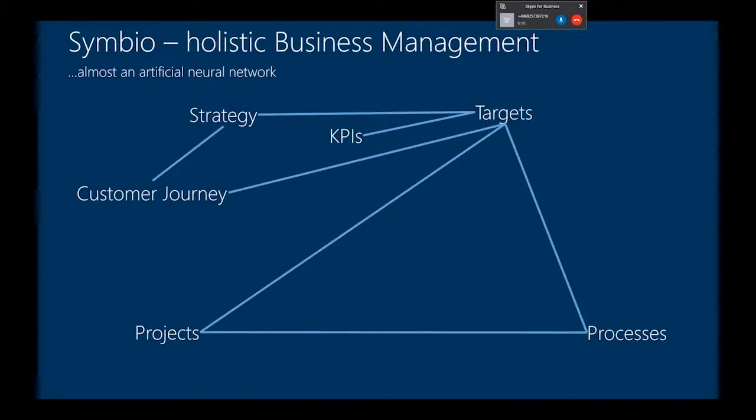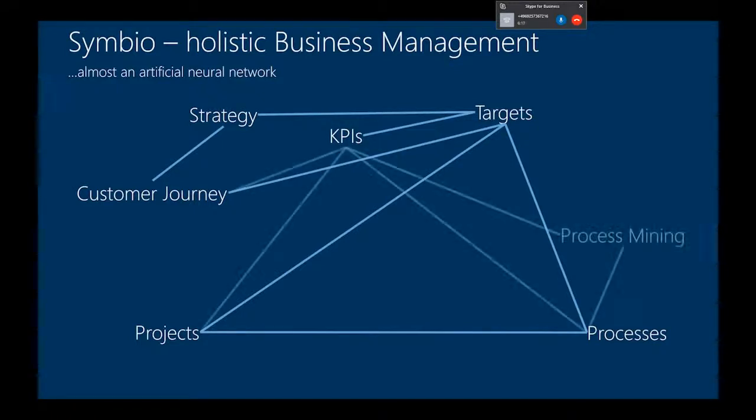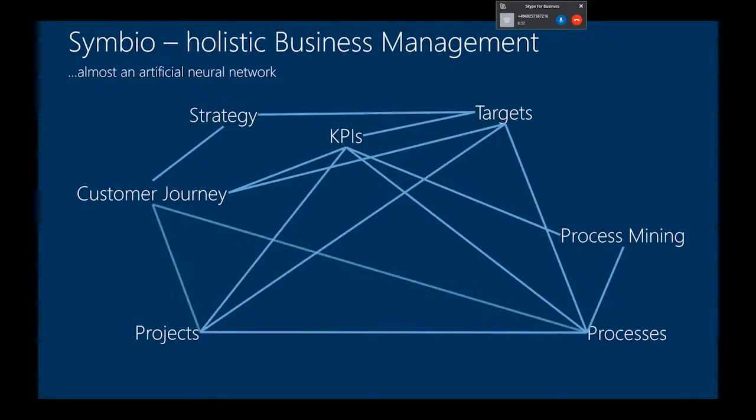Moving on, you can then link your projects to processes. That's what you also do in your normal world when talking about customers. Your KPIs can lead to process mining, where you can uncover huge potentials your processes have. You have KPIs defined for your processes and for your projects.